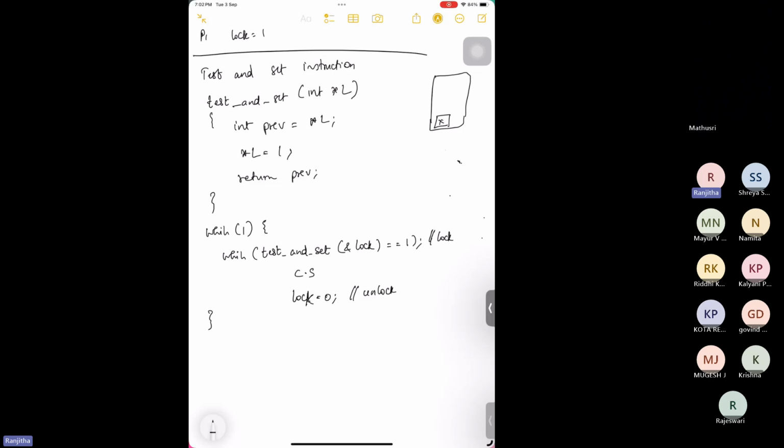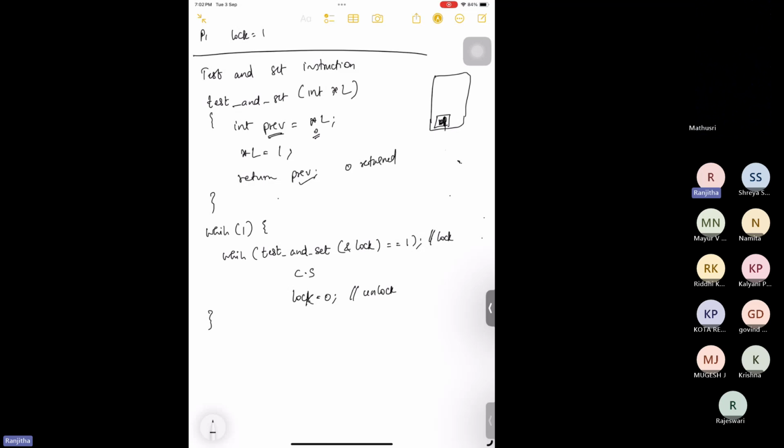So x will be copied to previous. Let's assume that x is nothing but 0. So initially, previous will have 0 copied to it. Then we will set this value to 1 and we will return the initially read value, that is 0. So 0 will be returned.